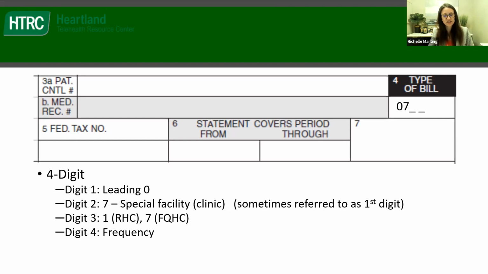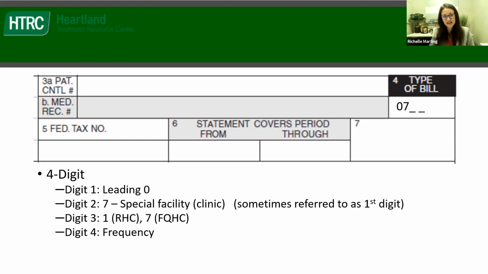Technically, this is a 4-digit number, and the leading number is a 0. I noticed in the Medicaid manuals, they refer to 3 digits. So they're essentially ignoring the 0, and they count digit 2, where I've got a 7 here, as the first digit. So there's a little bit different nomenclature depending on whether you're looking at Medicare or Medicaid manuals.